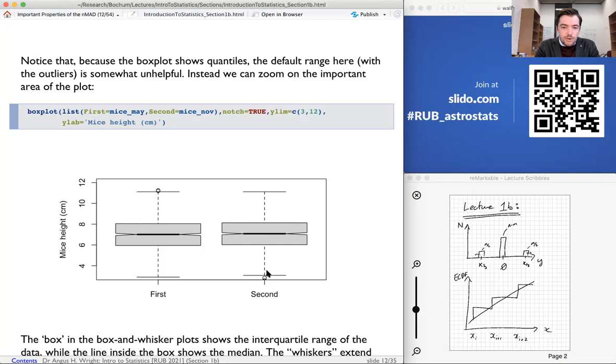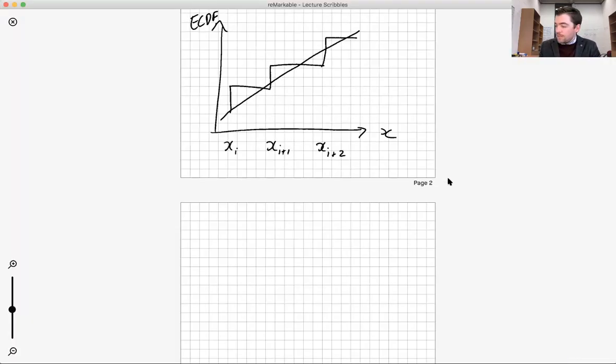The whiskers, these dotted lines that lead to these bars, depending on how you formulate the box and whisker plot, are variably a certain fraction of interquartile ranges beyond the median. So essentially, let me go back to just draw something here.